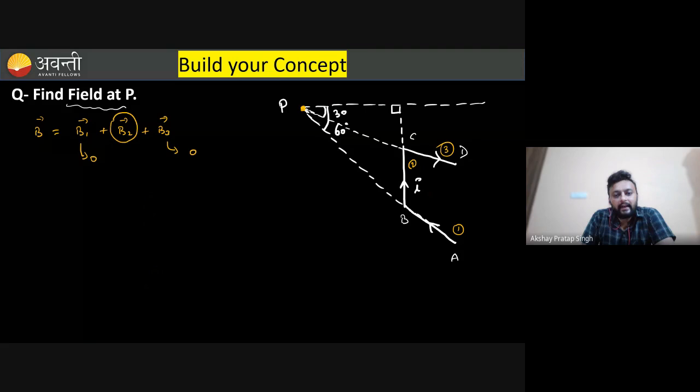Now you can notice that point P is on one side of wire BC. Only one side. Both points B and C, the complete wire, are below the point P. That means the standard formula with sin theta 1 plus sin theta 2 is not applicable here. You have to write the standard form. So B2 is equal to mu naught over 4 pi, divided by the distance, which is not given.